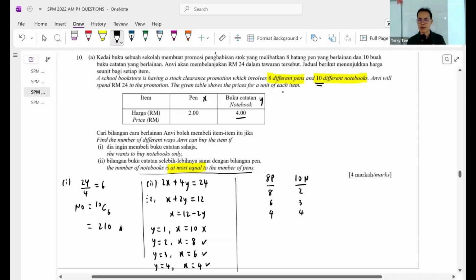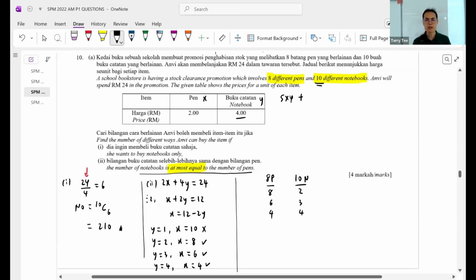Testing one by one, for example, you say, I know I have 24. Let's say I buy 5 notebooks. 5 times 4 is 20.